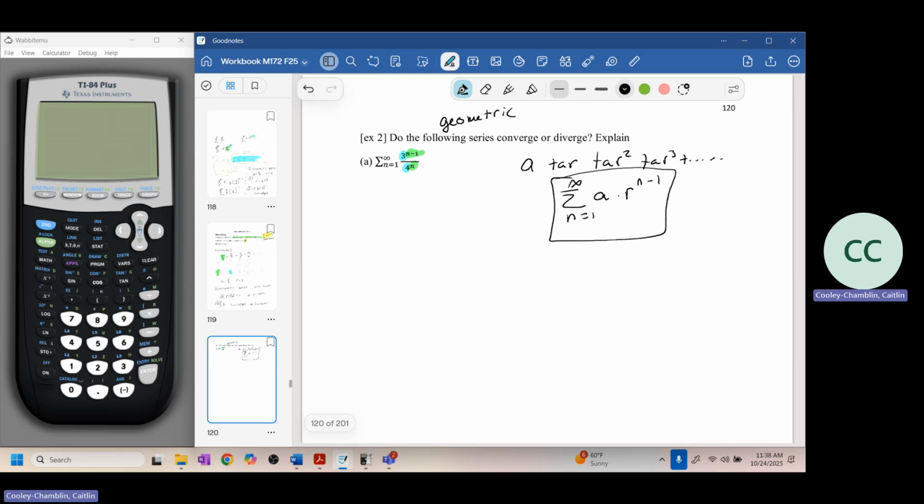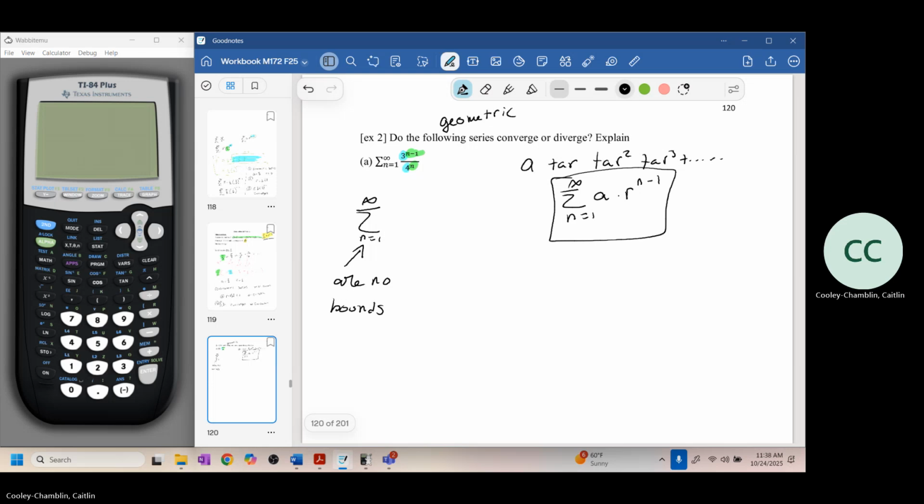So we have the summation, n equaling 1 to infinity. And if I'm going to actually leave these off, if there are no bounds, it is assumed n equaling 1 to infinity.